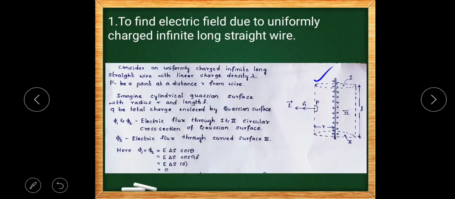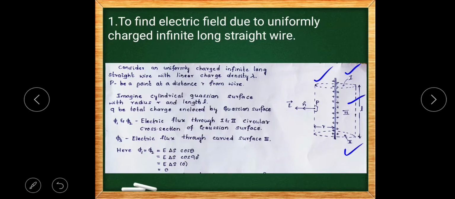Now phi 1, phi 2 and phi 3. In this cylindrical Gaussian surface there are three surfaces: two circular cross sections 1 and 2, and the other one is the curved surface 3. So you have to calculate the electric flux through these three surfaces.